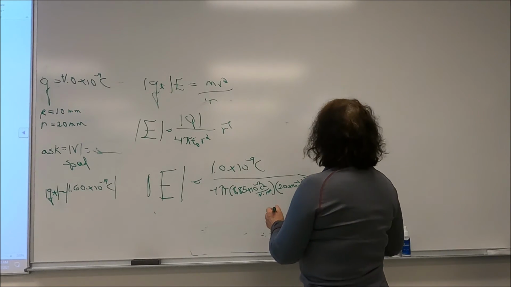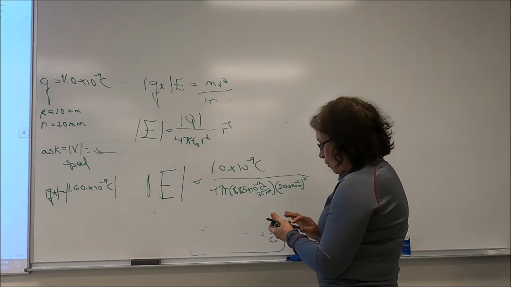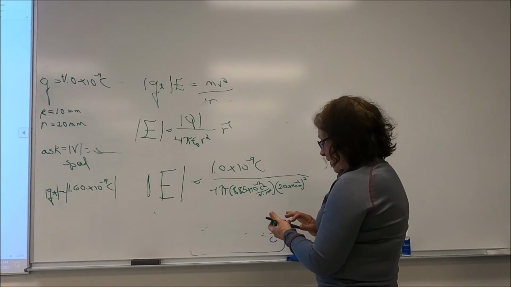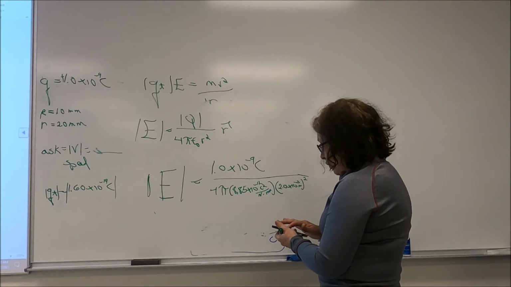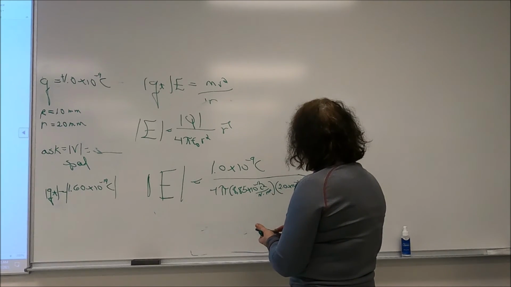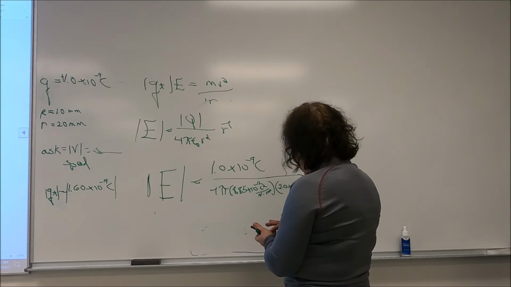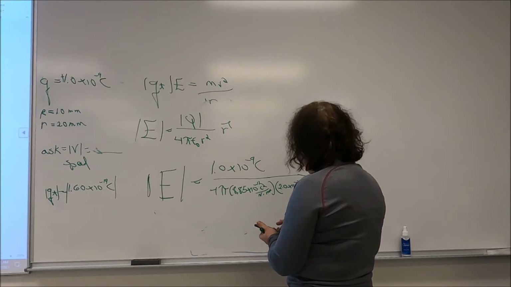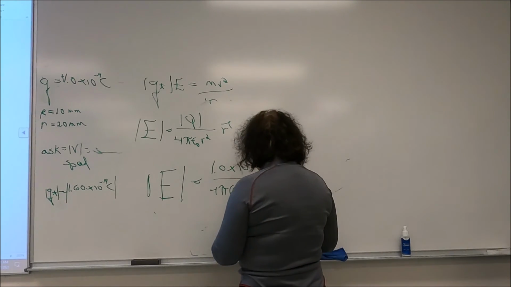So just getting the magnitude, I get 1.0 exp9 negative divided by 4 divided by pi divided by 8.85 exp12 negative divided by 2 exp3 negative squared, and I get, let me try that one more time, 2 exp3 negative squared times 8.85 exp12 negative times 4 times pi, 1 over that, times 1, yep.